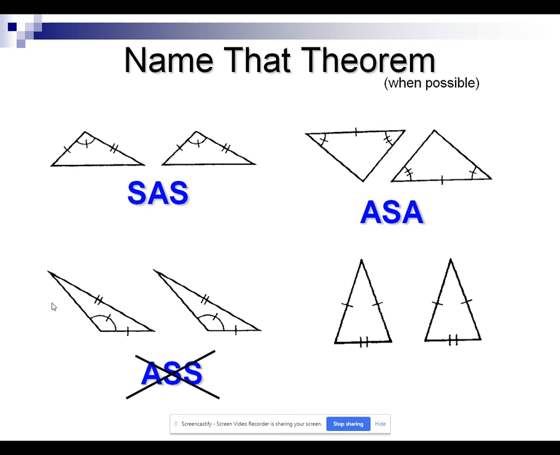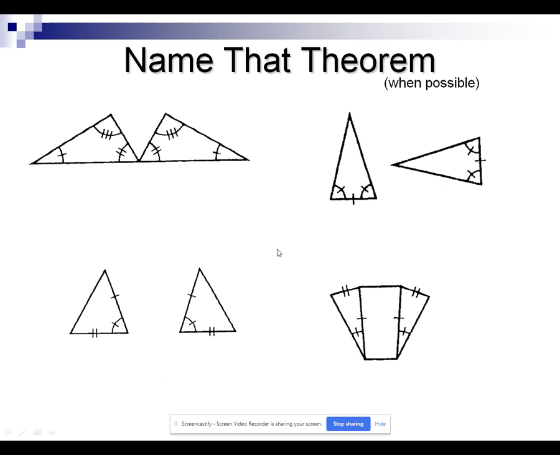Maybe they're the same, but we can't say for sure. So that one would be a no. And if we looked at this one, what's marked? Well, this side matches this side matches this side matches this side. So side, side, side, which would be a yes. All right, that's all you're going to be doing.